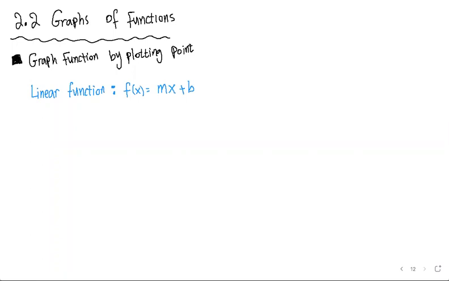The graph of this function looks like a line, and the slope of this function is m.